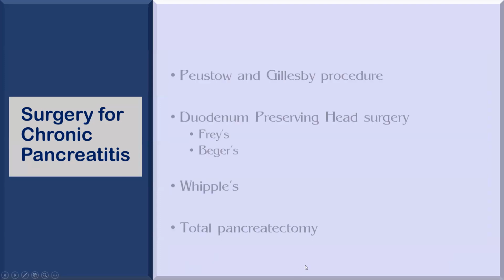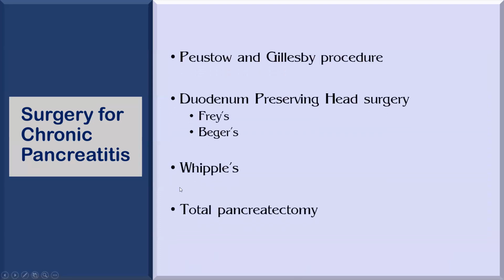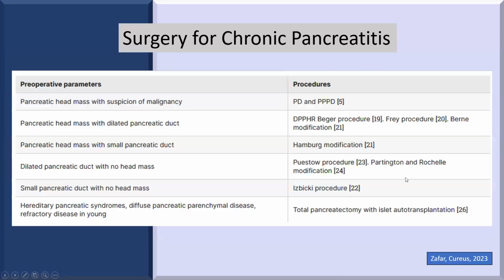Correct, agreed completely. Puestow, lateral pancreaticojejunostomy. We want to preserve the duodenum. You don't want to take away the duodenum with a Whipple's, which is an option but has a higher morbidity. So you do the Frey and Beger, and then you may end up having to do a distal or a total pancreatectomy. That is the course of events.